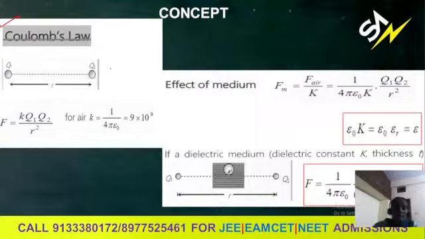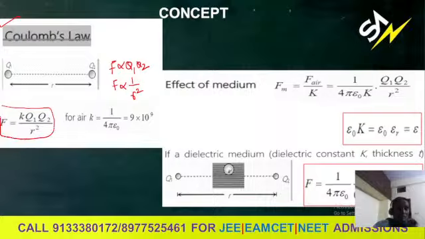The force between them is directly proportional to the product of the charges and inversely proportional to the square of the distance between them. Okay. So by removing the proportionality, we can write the force between the two charges as F equals k q1 q2 by r square.